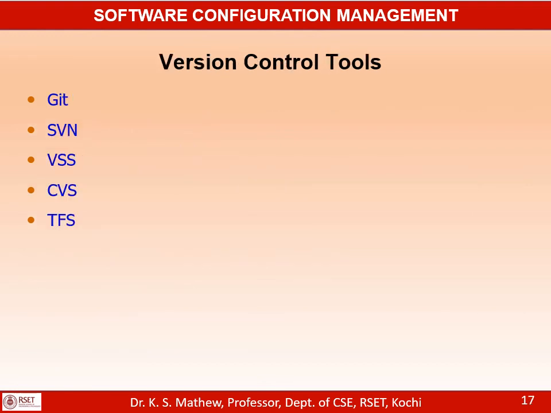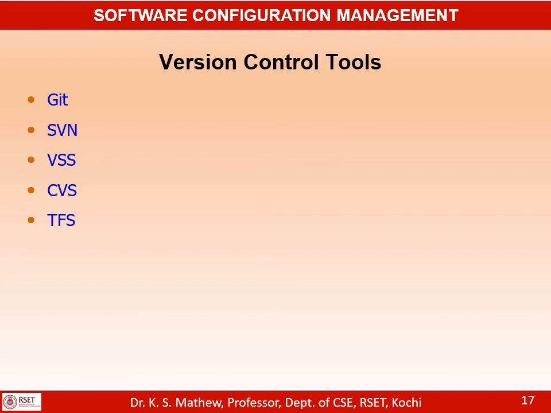Configuration management: in a project there will be many people, 50 people, 10 people, 100 people. So all of them will be working on the same product or same files many times. So it will be very, very difficult to maintain the versions of the work product when a lot of people work on the same work product continuously on a regular basis. And it cannot be done manually.